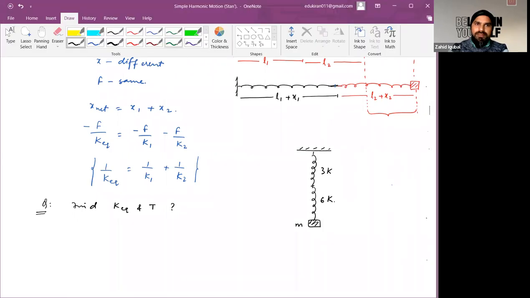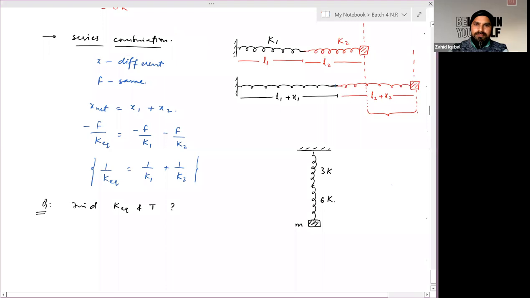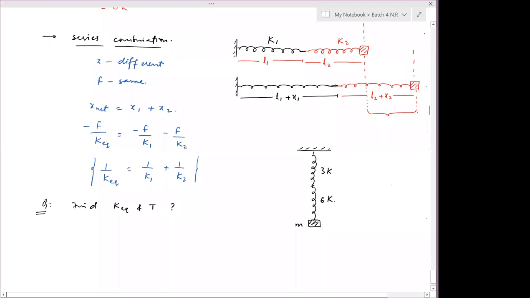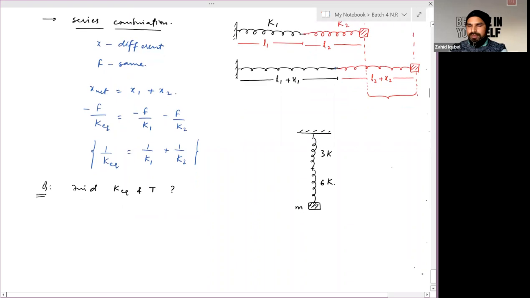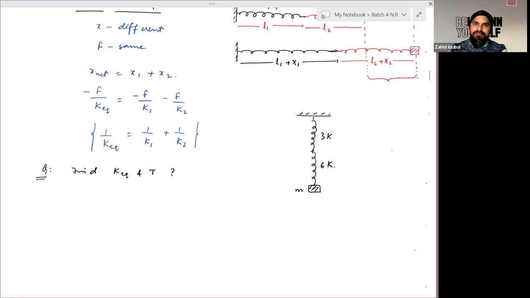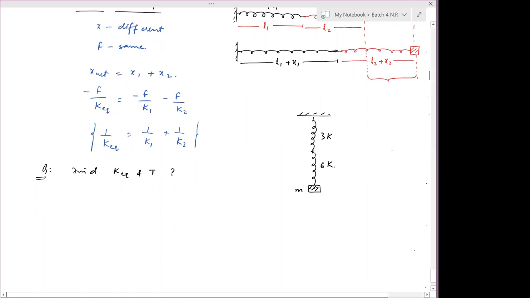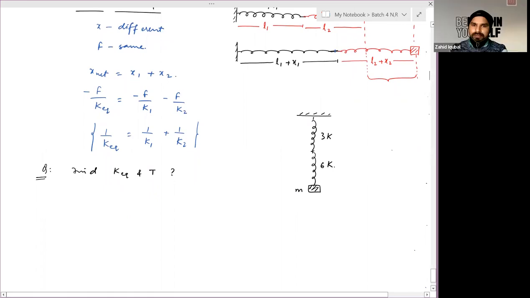Minashi, you got any answer? No, sir, trying. Okay. Just put the values of K1 and K2 in the above formula and you'll get K equivalent. Then time period equals 2 pi root under m by K. You will get the time period related to this part. Sir, in terms of M? Yeah, since the mass of the block is m.